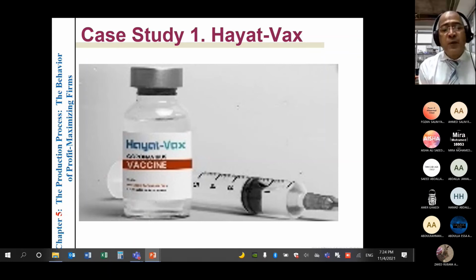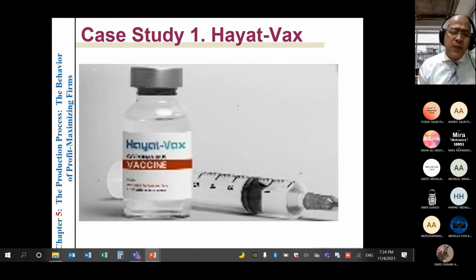Currently, they are producing 1 million doses per month. They have a nice dream. Their final goal is to produce 100 million doses because there is a huge demand for the vaccine.